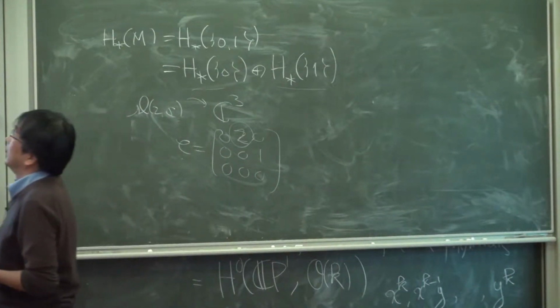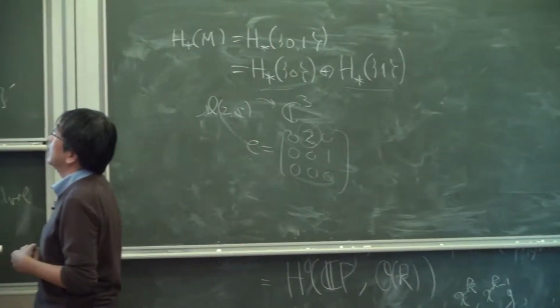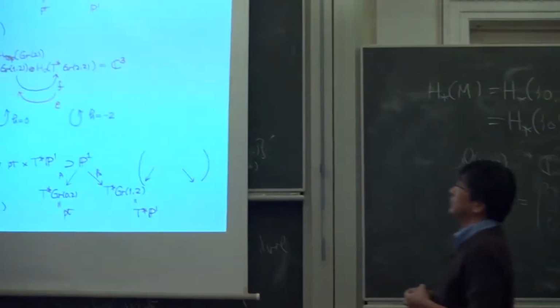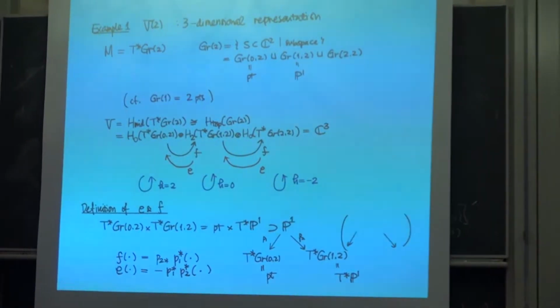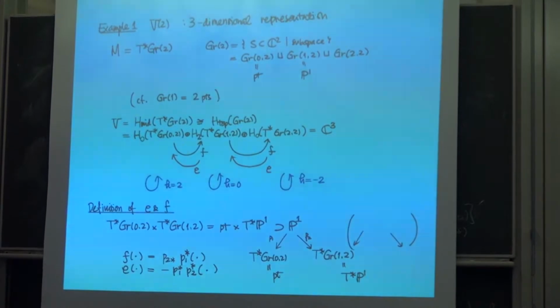So I consider the Grassmannian of subspaces in C2. Then you have 3 connected components according to the dimension of the subspaces. The first one is zero-dimensional subspaces in C2. That is just, I mean, the zero-dimensional subspace is just 0, so it is a single point.